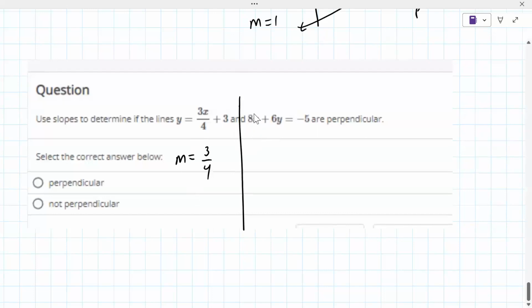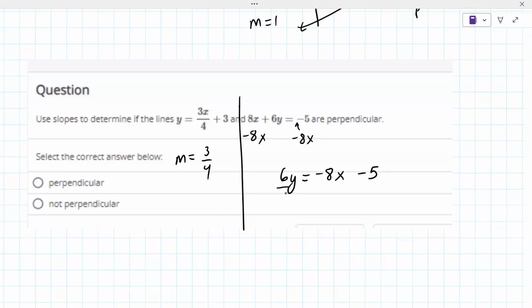Subtract 8x. So it's 6y equals minus 8x minus 5. Now what is the next step here to solve for y? Divide everything by 6y.